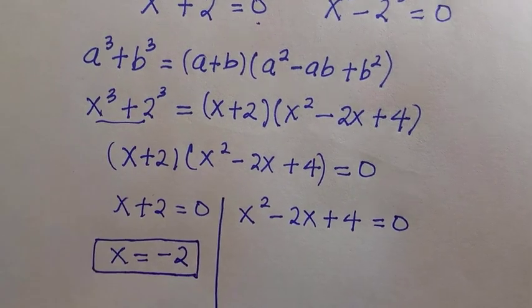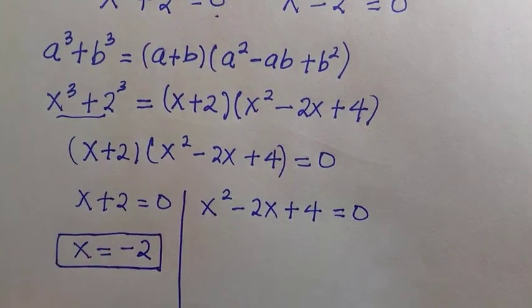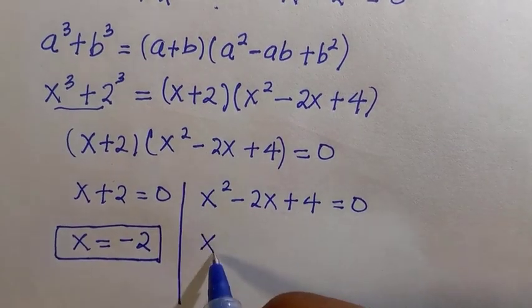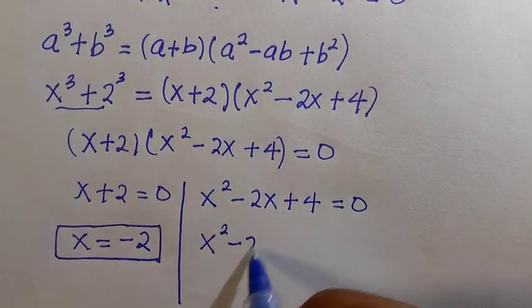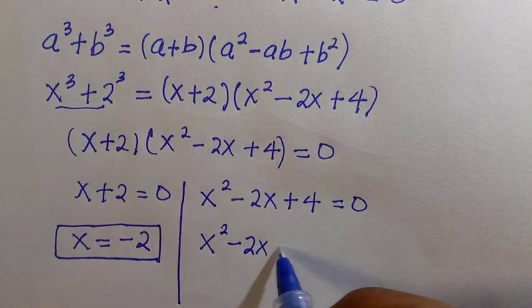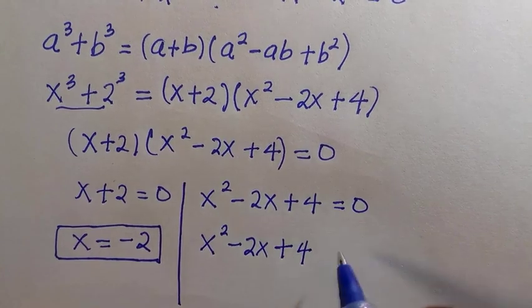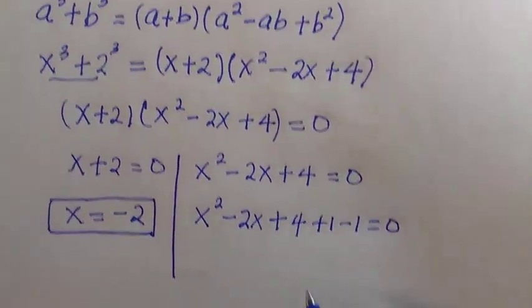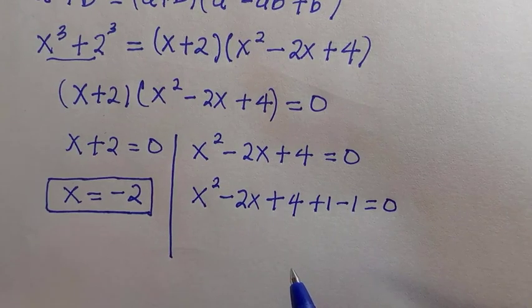And for the second one, the discriminant is less than 0. To show it, we say x squared minus 2x, if I add plus 1 and minus 1, equals 0.